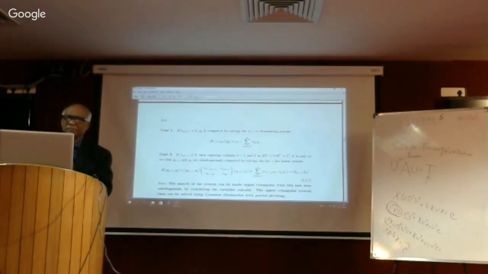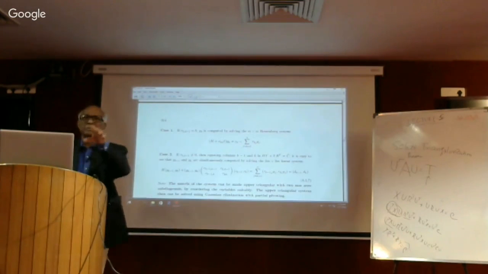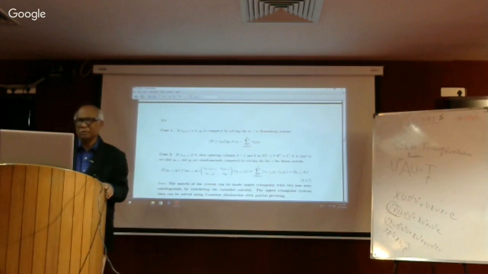That's it. So it's an immediate generalization of the Schur algorithm for the Lyapunov matrix equation. Since the Lyapunov matrix equation is solved by transforming the matrix A to a real Schur matrix, the algorithm is called the Schur algorithm.